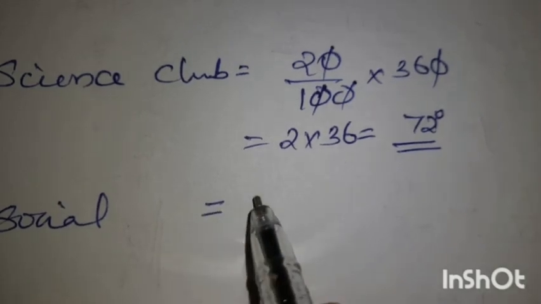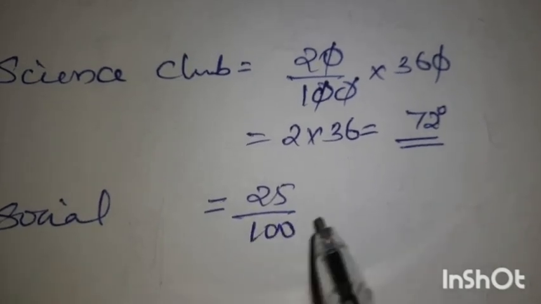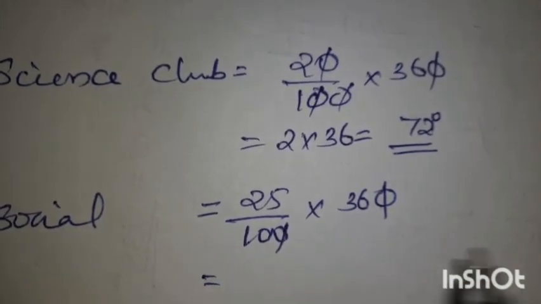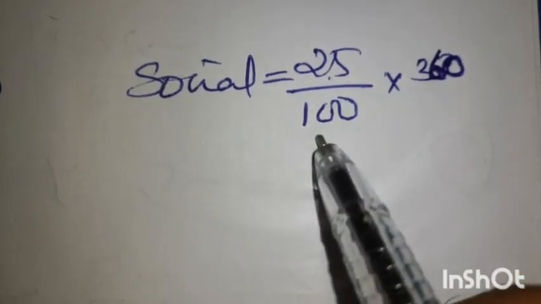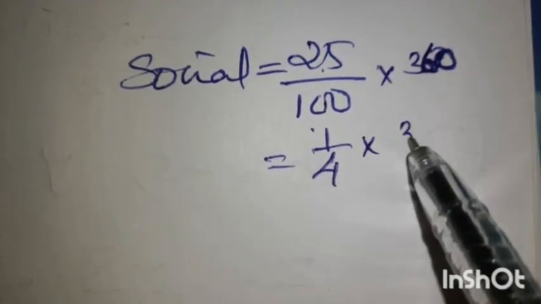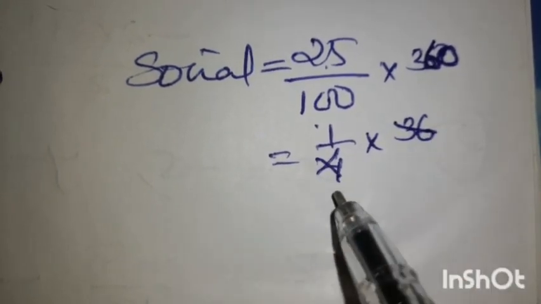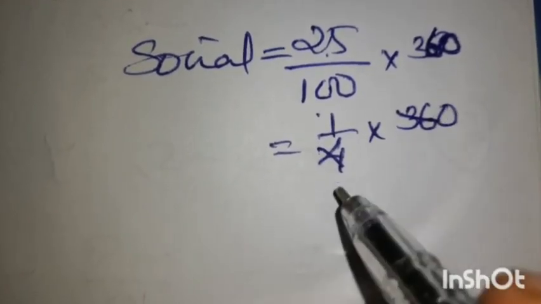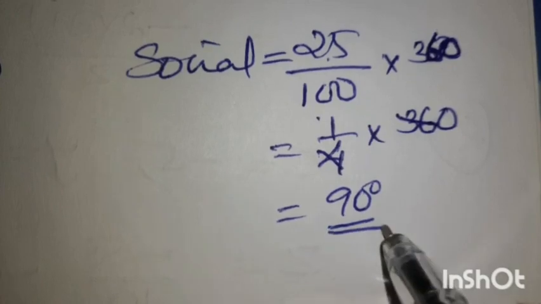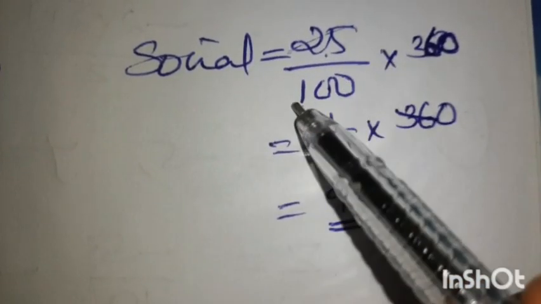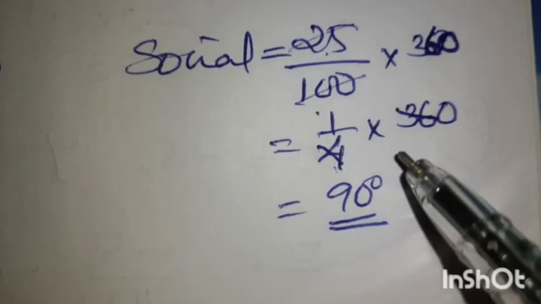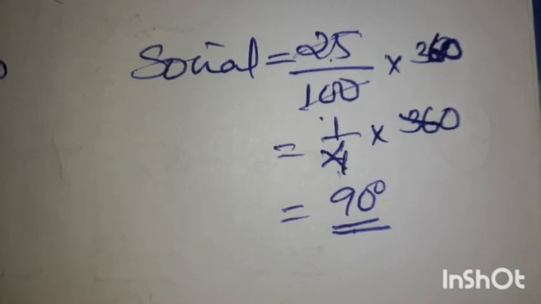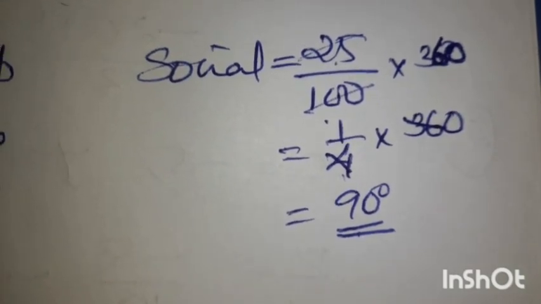In the Social club, there are 25 students out of 100 multiplied by 360. 25 by 100 is 1 by 4. 1 by 4 multiplied by 360, that is 360 by 4. 9 into 4 is 36, so it should be 90 degrees. 360 by 4 is 90 degrees.